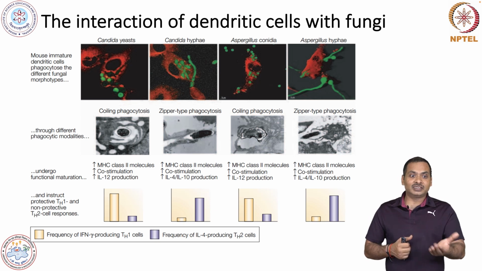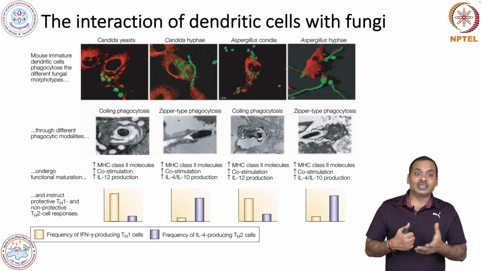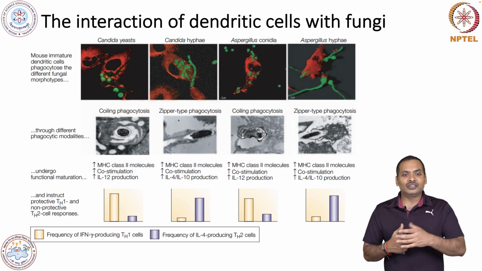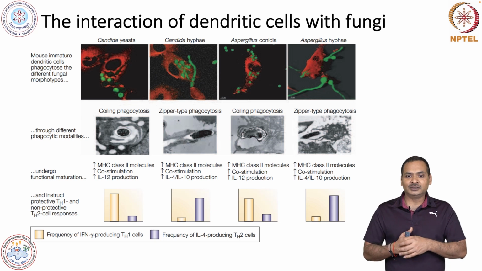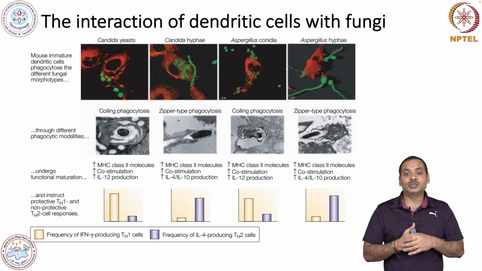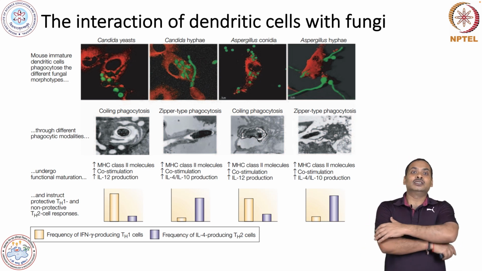Upon phagocytosis, they can increase the expression of MHC class 2 molecules, co-stimulatory molecules, and IL-12 production. Here you can see various immune responses. Basically, they can trigger Th1 and Th2 responses, depending on the stage of the fungus.